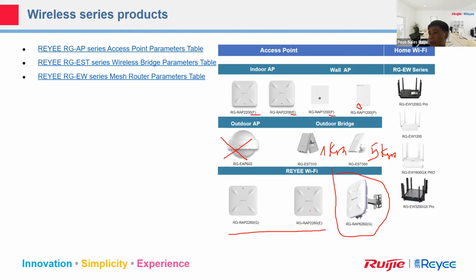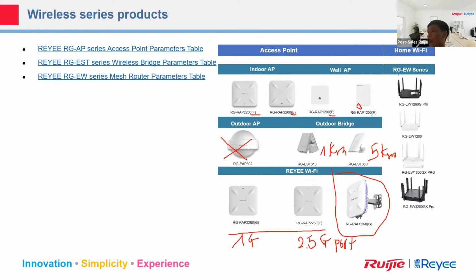What's the difference between the two models? 226TE supports 2.5G port, but 226TZ only supports 1G port. You can use this specification for the tender document for the project.